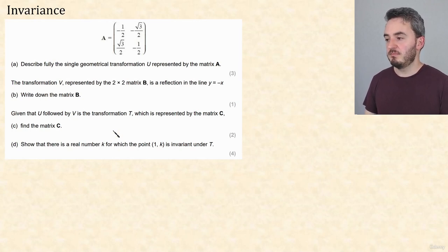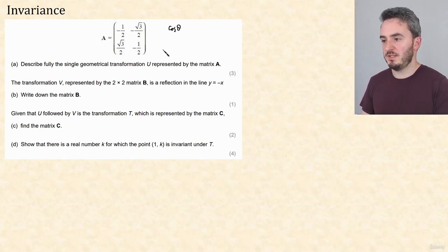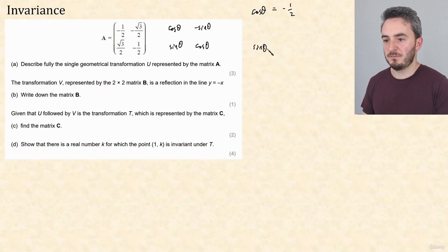Part A: describe fully the single geometrical transformation U represented by the matrix A. Here is A. That looks very much like a two-dimensional rotation. Remember that this has to correspond to cos theta, minus sin theta, sin theta, cos theta. So we need cos theta to equal minus a half, and sin theta to equal root 3 over 2.